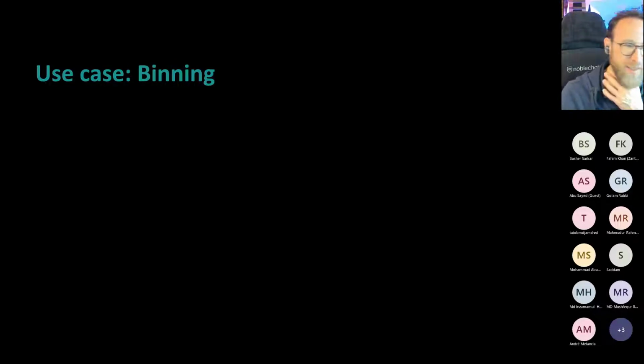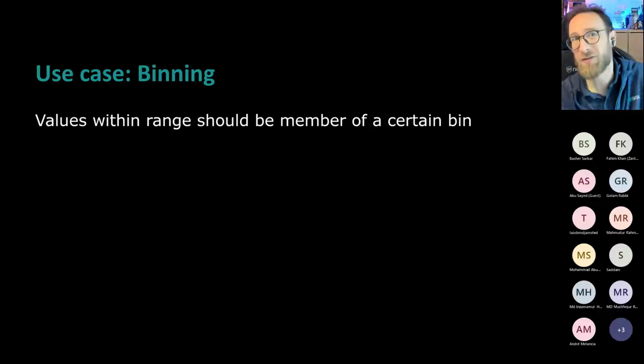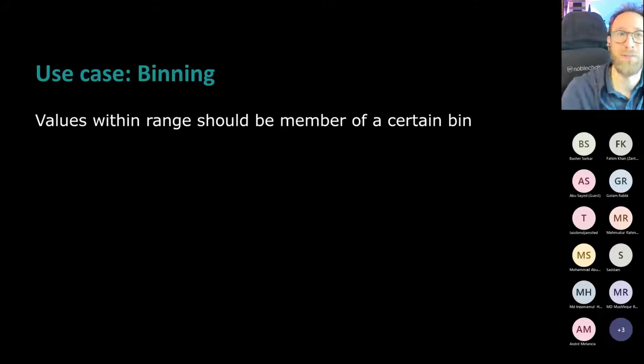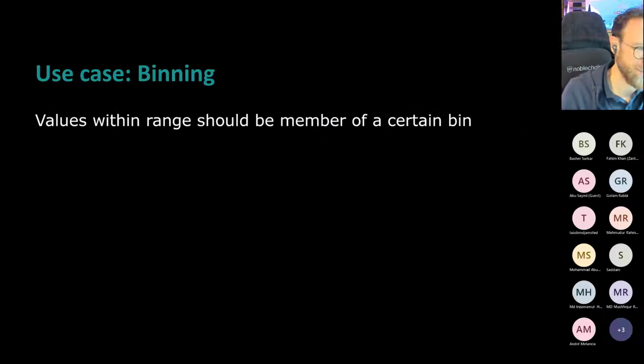I use this for binning. Binning means that we have values, and I'm not actually interested in the actual values, but I want to put them in different bins. Like this is a low value, this is a medium value, this is a high value. Because the actual numbers are not so important at this moment when I do this analysis, but I just want to get a rough picture: how many low sales, high sales, medium sales do we have, or whatever your bins might be.